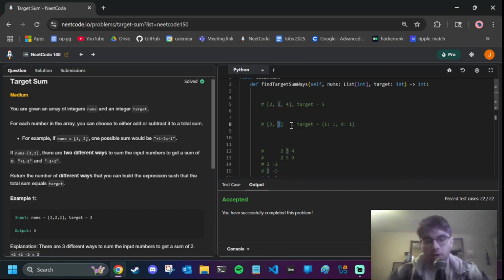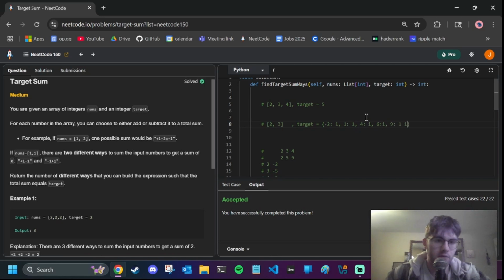Because then you would have 3, and then, okay, so now my targets are -2, which has a count of 1. And then 4, which has a count of 1. And then it would be 6, which has a count of 1.